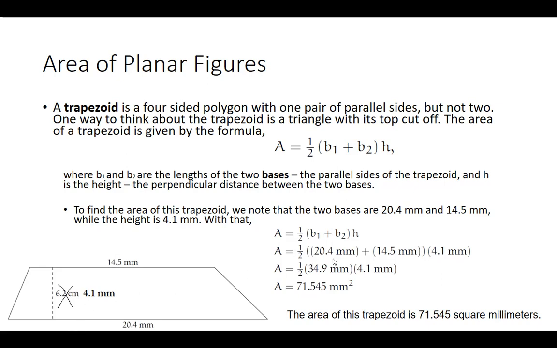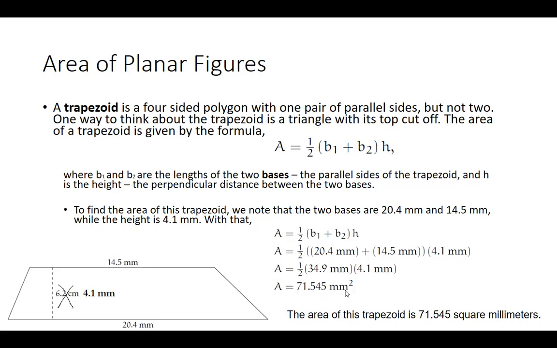With that, plugging things into the formula, we add together the two bases of 20.4 millimeters and 14.5 millimeters to give us 34.9 millimeters. We multiply that by 4.1 millimeters, the height, and we get 34.9 times 4.1 times 1/2, so times 0.5 or divided by 2, gives us 71.545 millimeters squared.